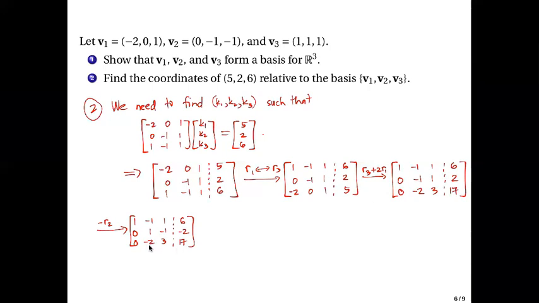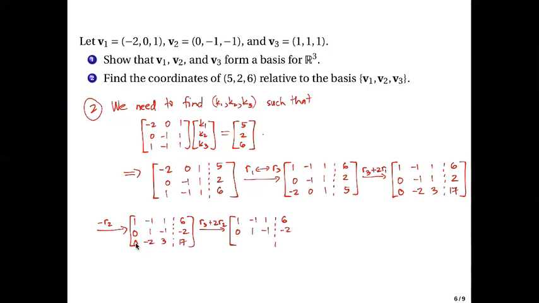Then we make this 0. So we will have R3 plus 2R2. So we will have 1, negative 1, 1. And then you have 6 in here. Here you have 0, 1, negative 1, negative 2.